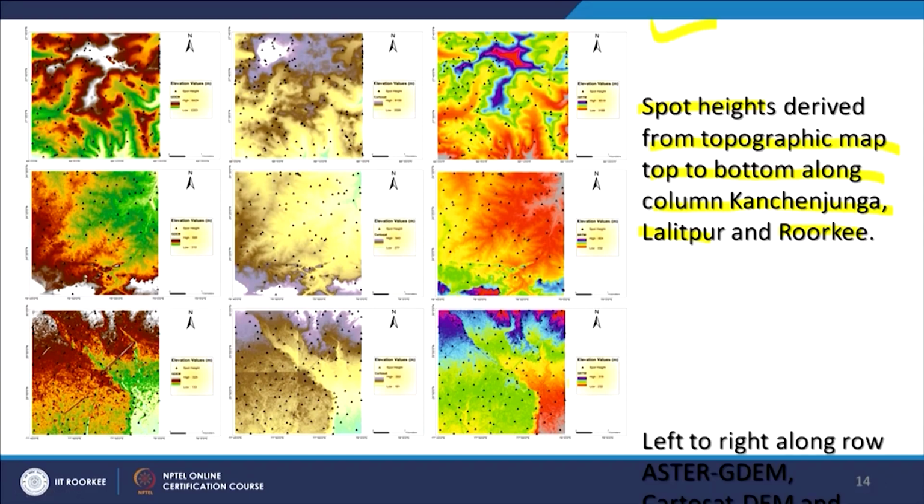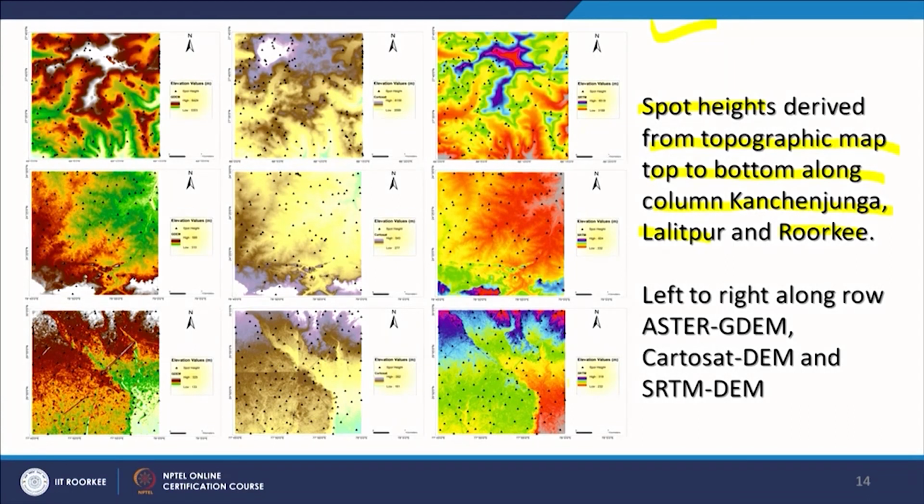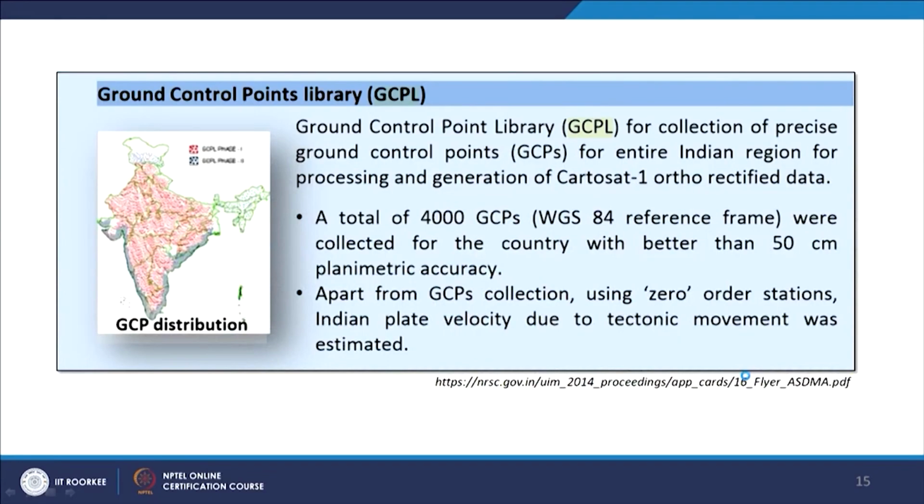And this is what we found. There are 3 digital elevation models we employed: Aster DEM on the left side, then Cartosat DEM in the middle, and then SRTM, all having 30 meter spatial resolution.